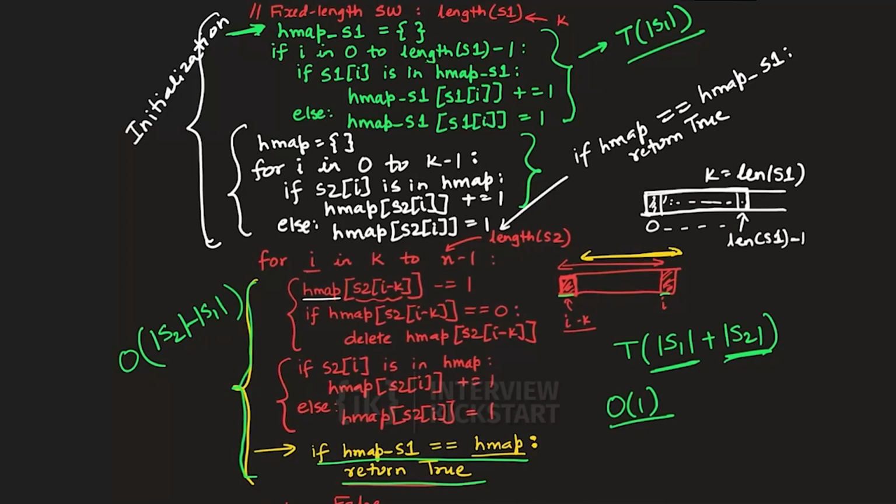But characters which have the same frequency in both these tables, their frequency would be exactly 0. And what we can decide to do is, characters with a frequency of 0 are not going to be stored in the hash map. So what we are storing in our single hash map is just the difference between the frequencies of two characters which happen to either be positive or negative, but not 0.